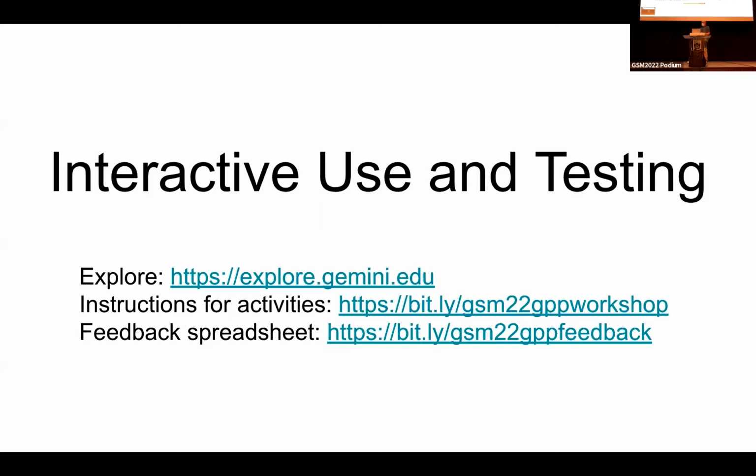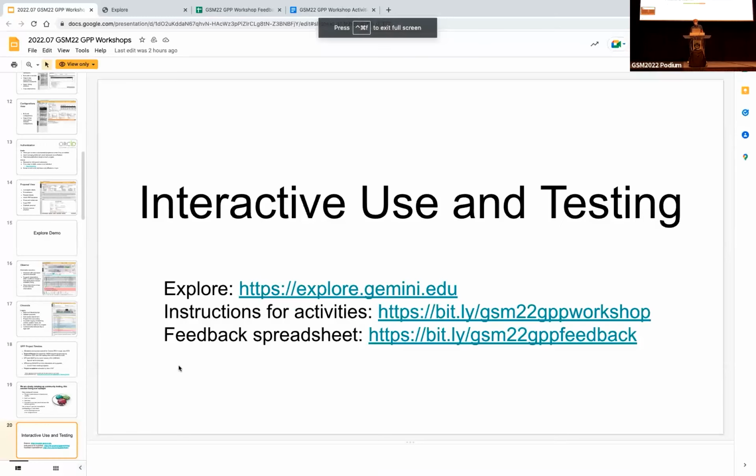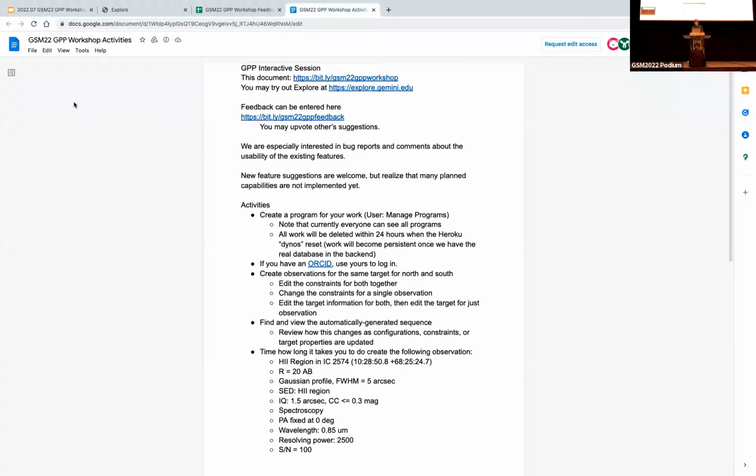Okay, so I've made a couple of Google Docs with some suggestions for what you can do, basically repeating what I showed you in the demonstration. And there's a Google form here where you can give us some feedback. I'll just go through a few things on that.